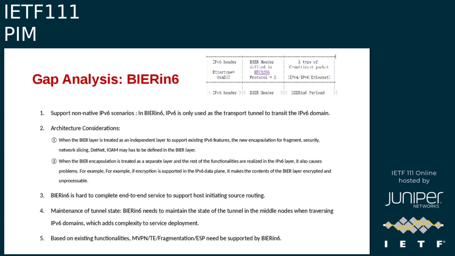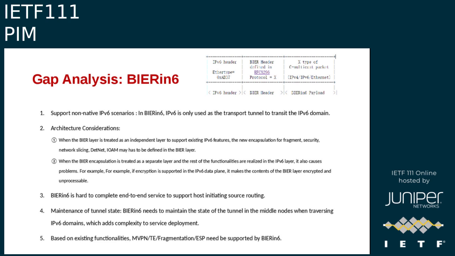The second is that if BIER is treated as a separate layer, but the rest of the functionalities are realized in the IP layer, there are also some challenges. For example, if encryption is supported in the IPv6 data plane, it makes the content of the BIER layer encrypted and unprocessable. So this also needs to be taken into account.